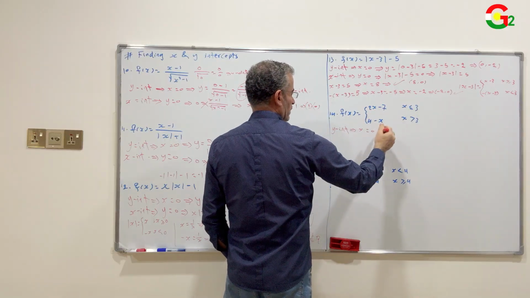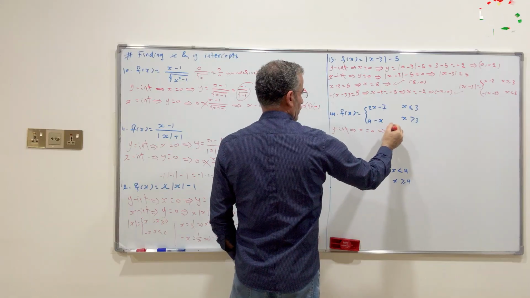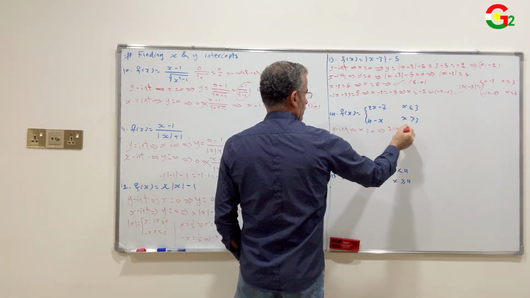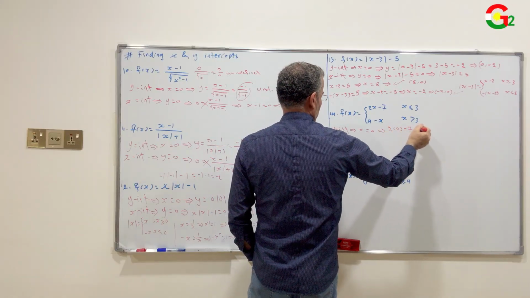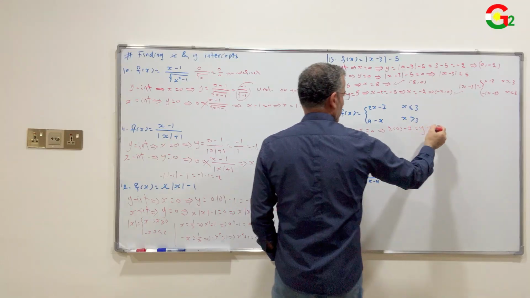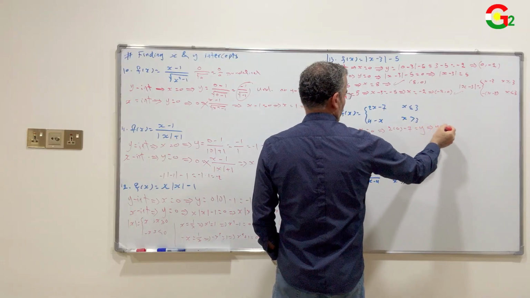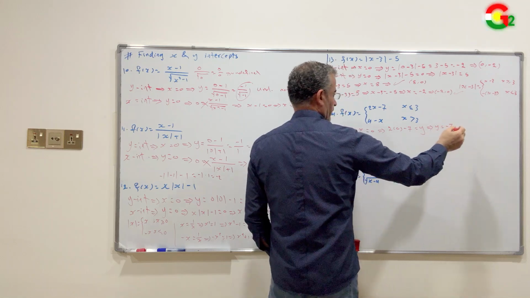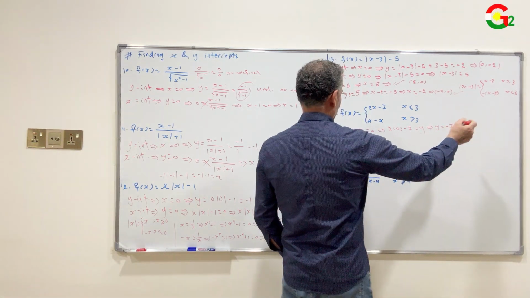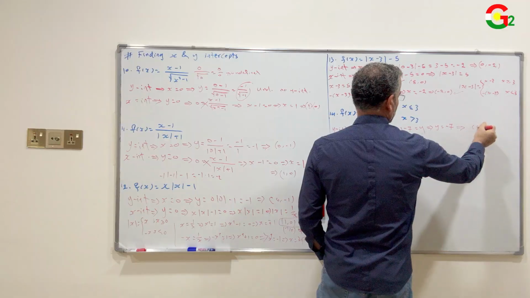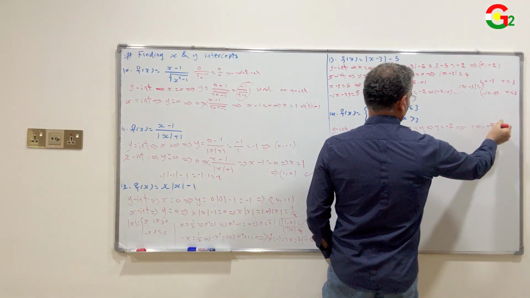Then I substitute in this segment: 2 times 0 minus 7 equals y. Then y equals -7. Then the y-intercept point is (0, -7).